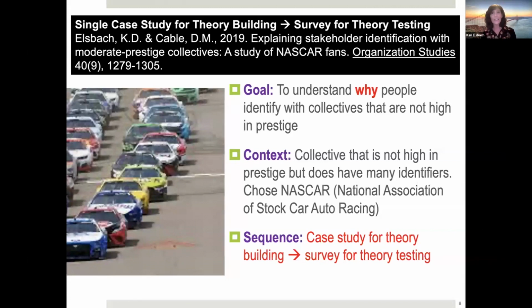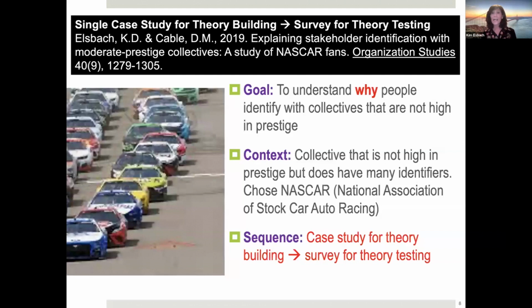And so I needed to build theory using a collective that was not high in prestige, but had identifiers. And I chose NASCAR, which is an auto racing collective in the United States only, where people race stock cars, which are cars like a Toyota Camry, which you and I could buy, but they're souped up.